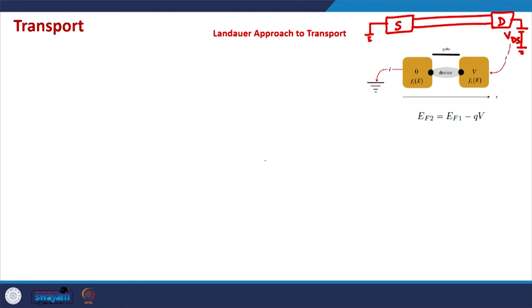For this two terminal device, we have already tried to understand how the IV characteristics look when a certain voltage is applied on the drain terminal, what happens in the ballistic case, what happens in the diffusive case, what the expressions of the current and the conductances are, and how the notion of modes in the channel comes about.